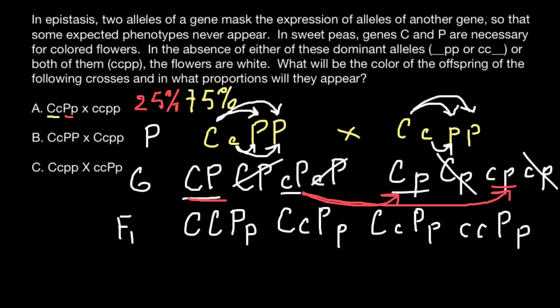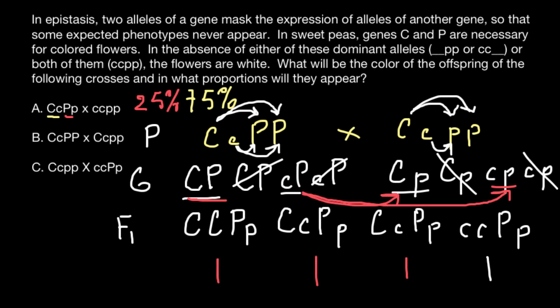So here we would have, as you see, two dominant alleles for the second pair and one dominant allele for the first pair. So this is going to be a colored plant, and the next genotype also would be a colored plant, and here we also would have a colored plant, and here, because the first allelic pair doesn't have a dominant allele, this is going to be a non-colored plant.